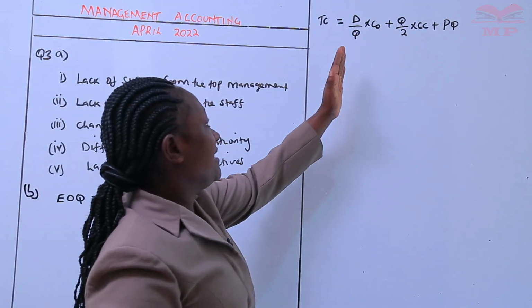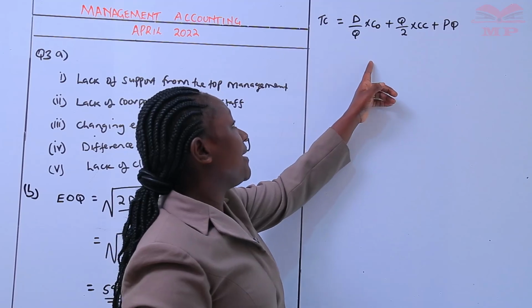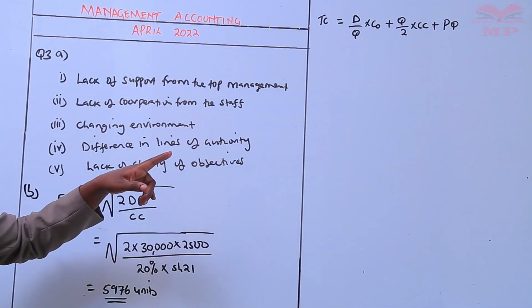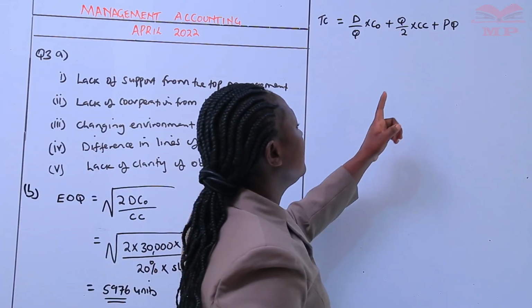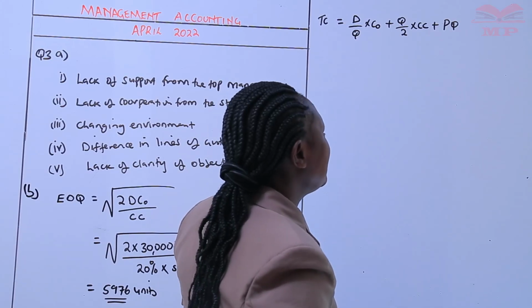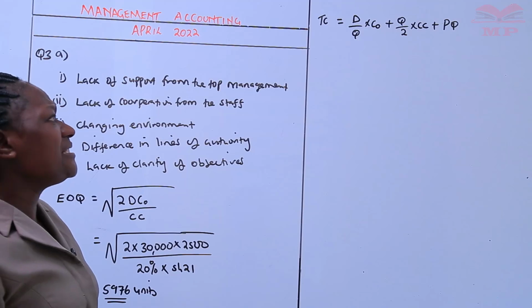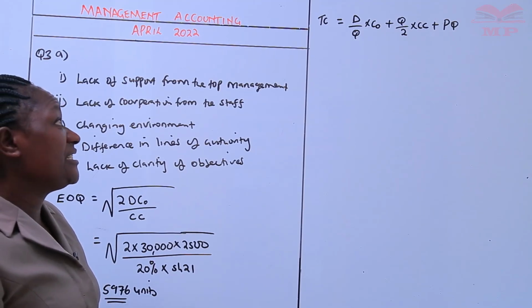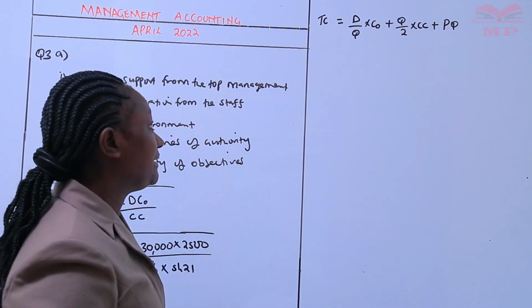So this is the same as the number of orders times the ordering cost per order, plus Q, the order quantity, divided by 2, which gives us the average stock, times the holding cost per unit per annum, then plus the purchase cost. And the purchase cost is simply the cost of acquiring the product, which is the price per unit times the quantity.